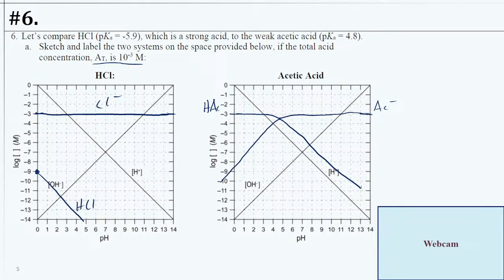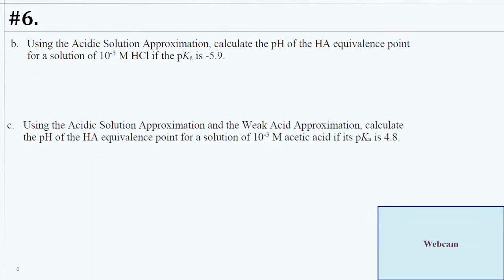Okay, so then the next problem, part B, says using the acidic solution approximation, calculate the pH of the HA equivalence point for a solution of 10 to the minus 3 moles per liter if the pKa is negative 5.9. I think in class I might have also said to assume the strong acid.